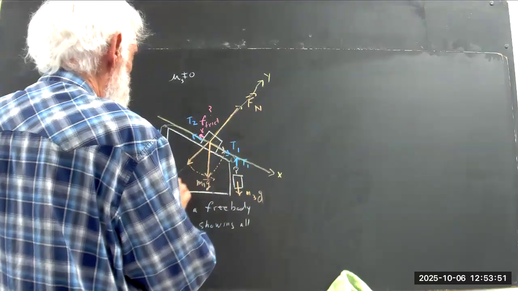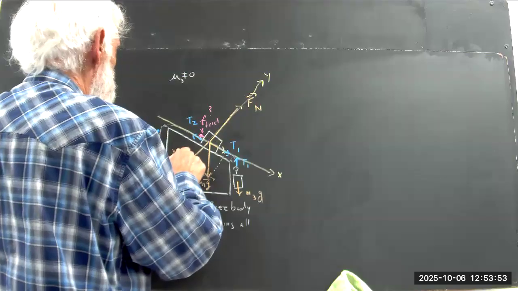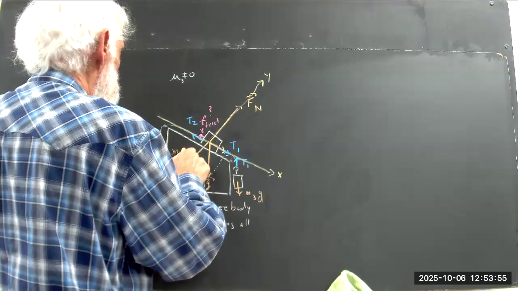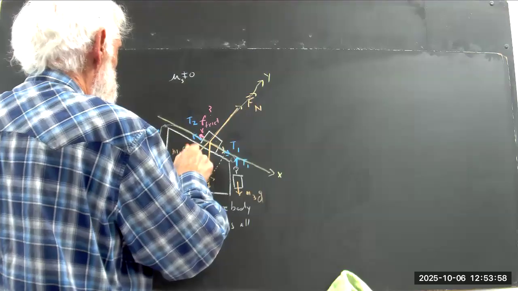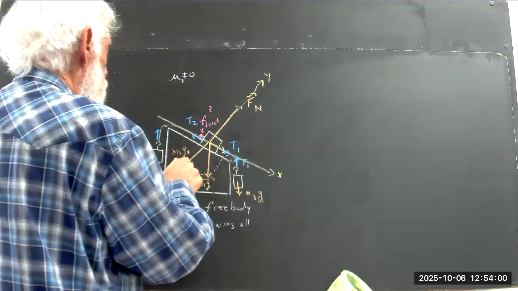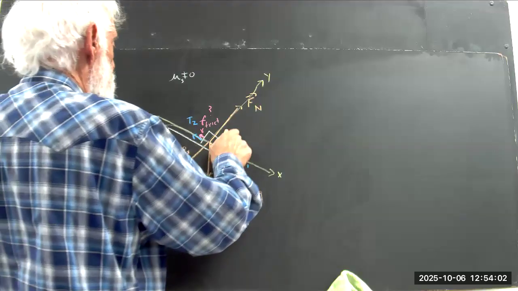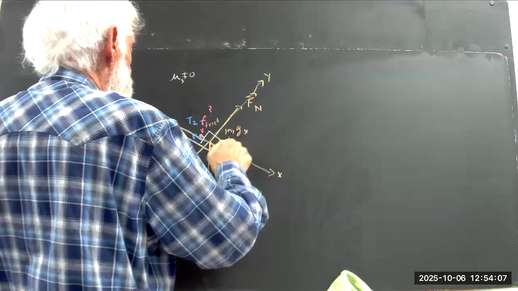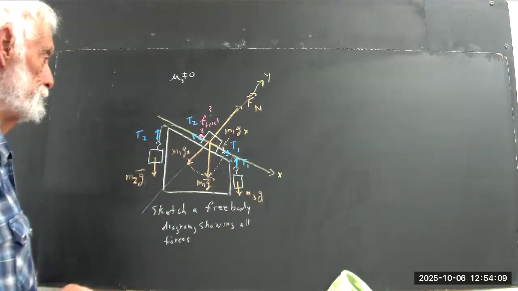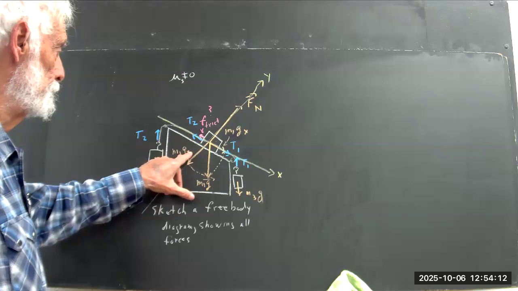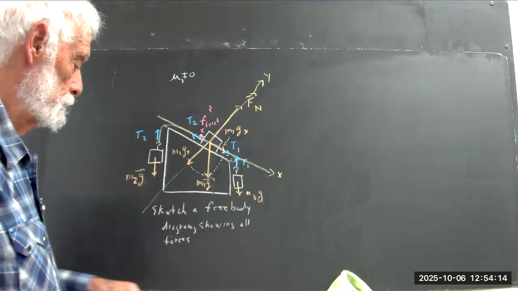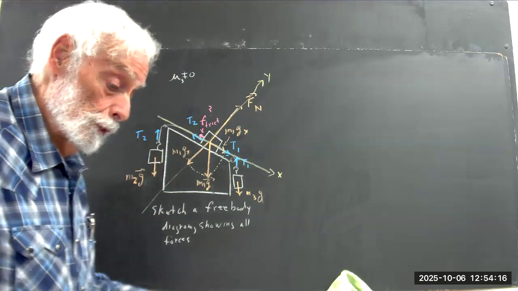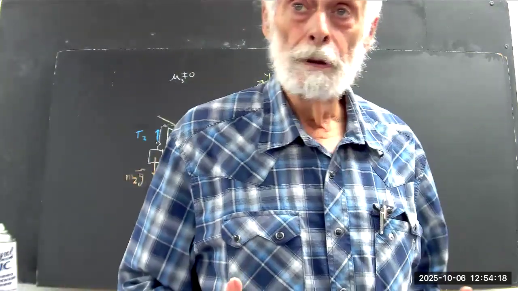And they can do whatever the heck they want because they're starting all that off with M1 times the Y component of G and M1 times the X component of G. When you do free body diagrams, make sure they're complete. Make sure you then know how to write your equation.